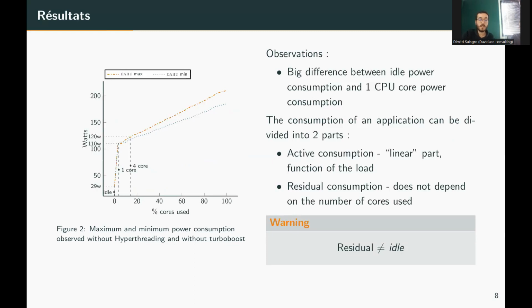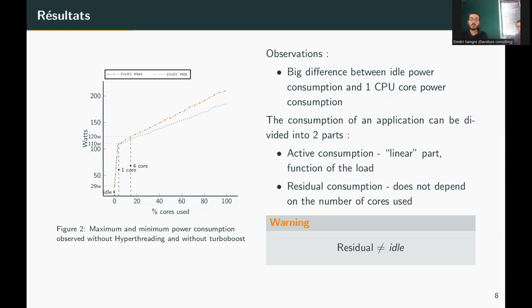On the figure here, at 0%, you have the energy consumption in idle, so just the operating system and no activity. And then when you start to use the first core on your server, you have a big jump. For example, here from 29 watts to 110 watts.